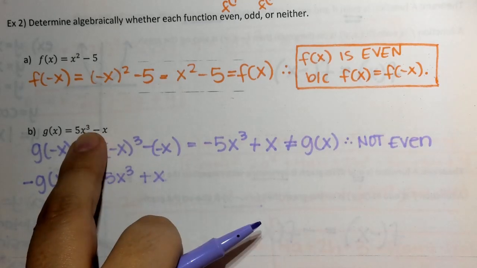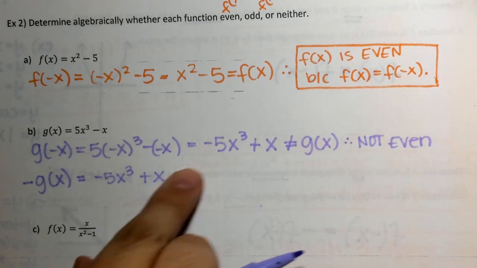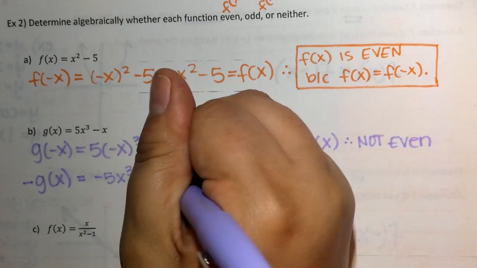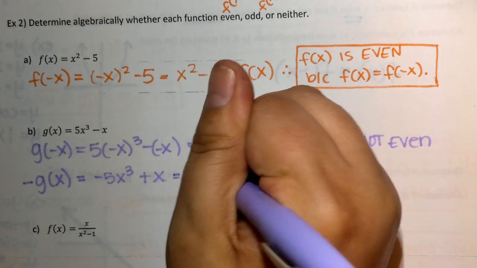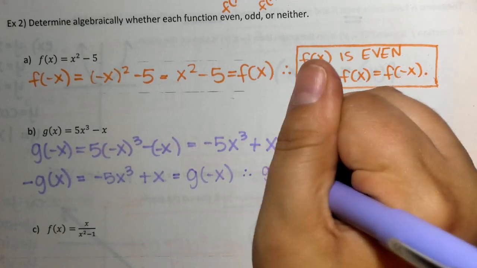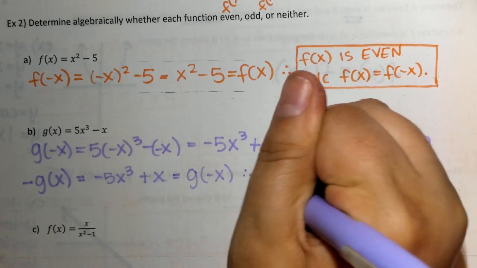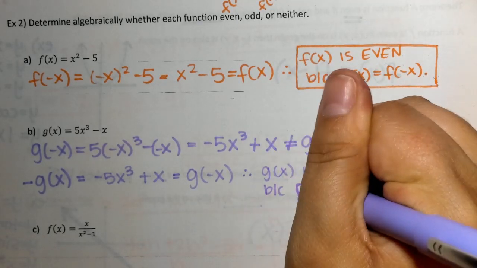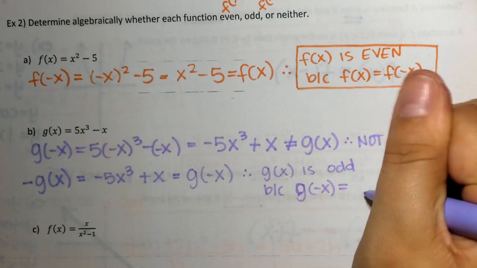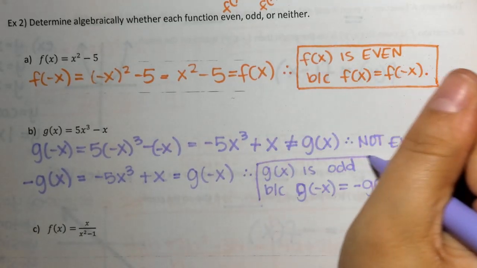Is it my original one? No. But what about the one above it? It is the same as the one above it, which is good because that means it's odd, because g of negative x equals negative g of x. We are done.